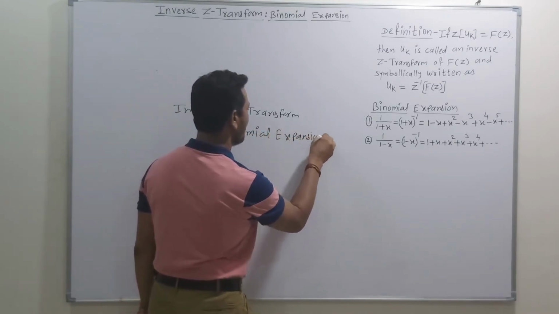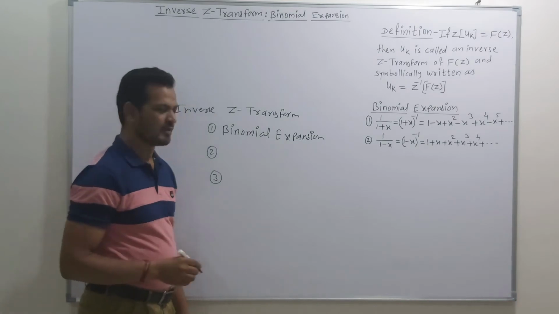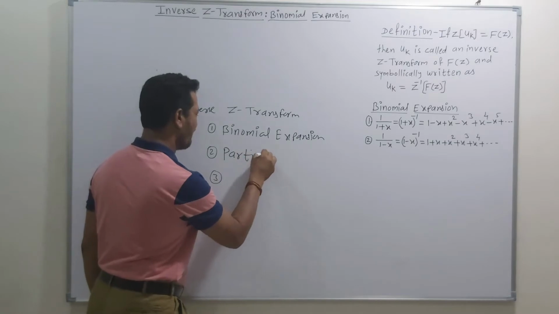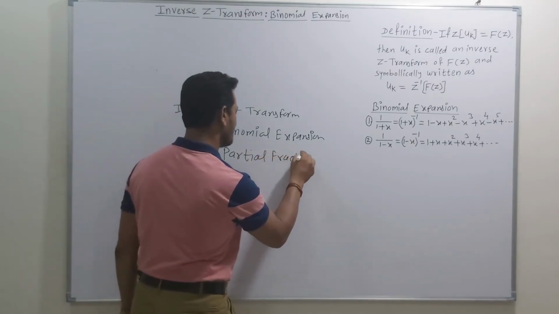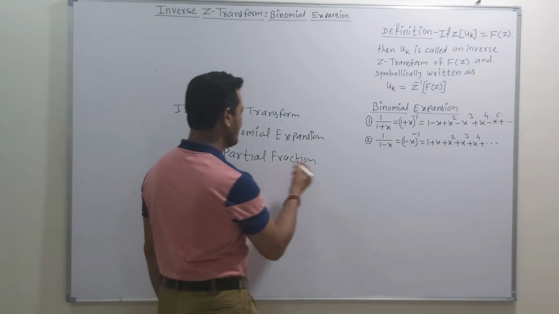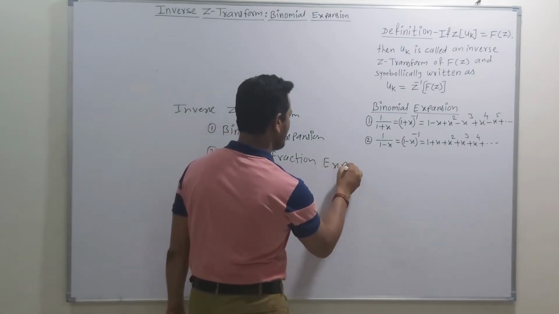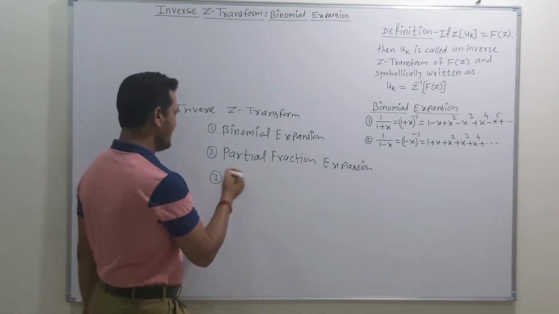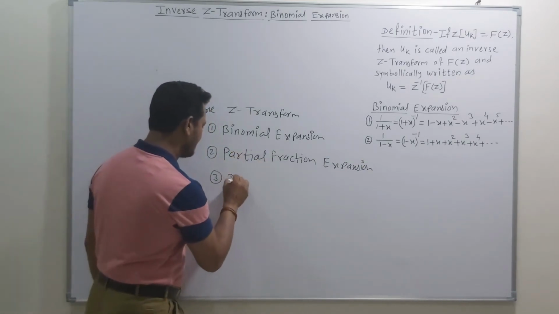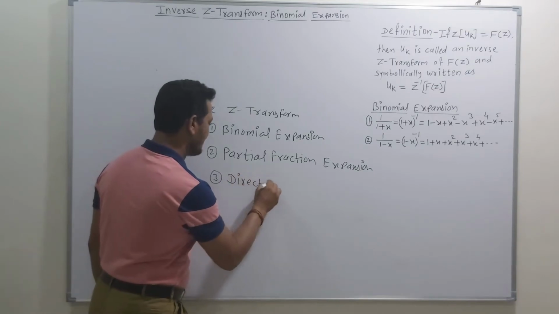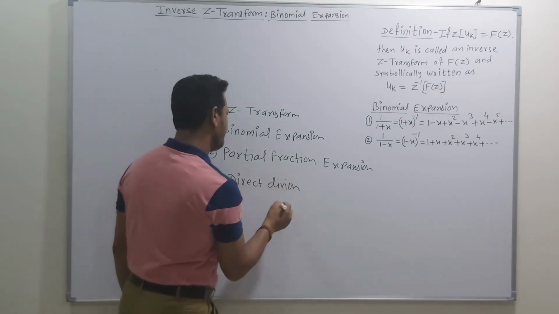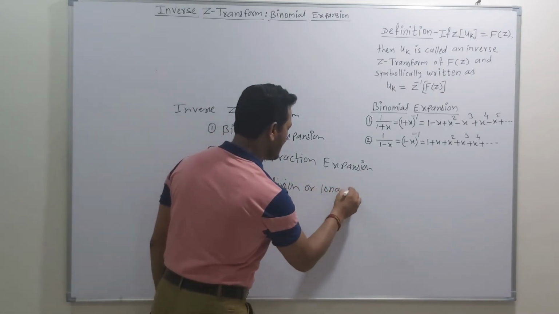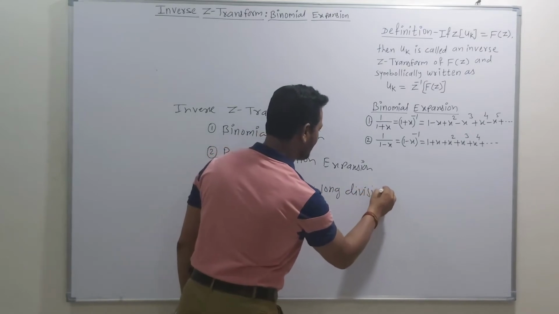The second method is partial fraction expansion. And the third method is direct division, or some people may call this long division.